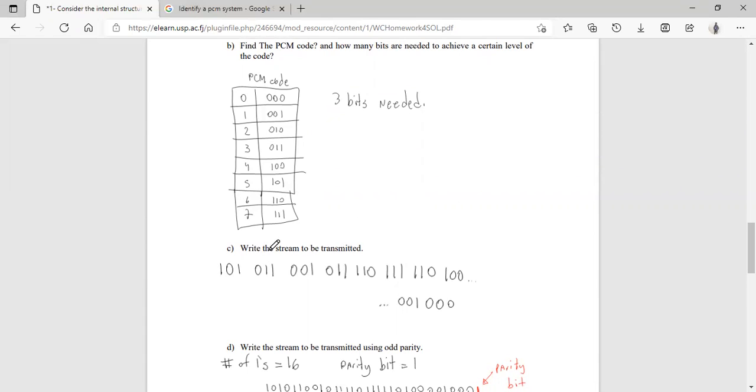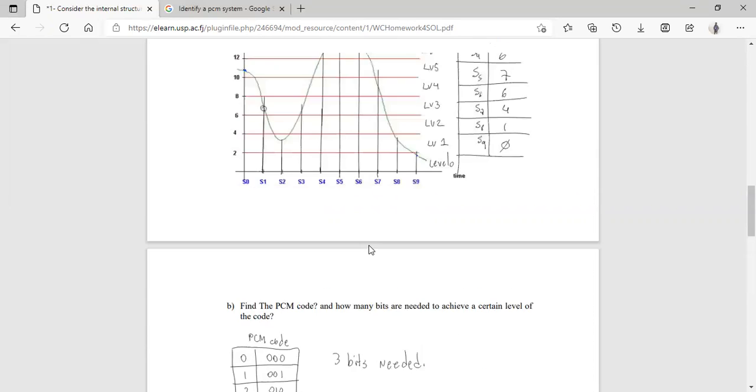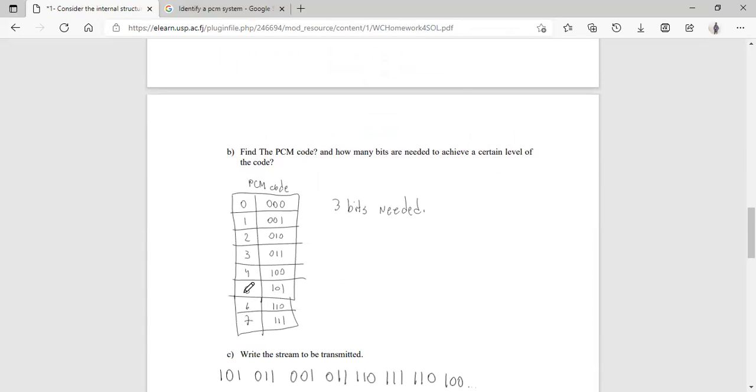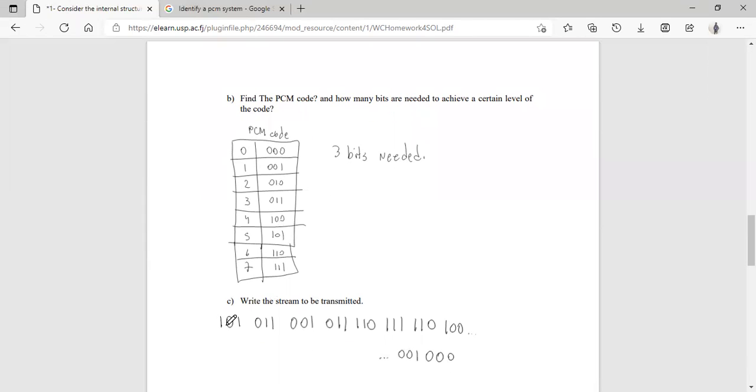The stream of code that needs to be transmitted is basically the values. Let's say the sample 0 value falls in level 5. So the digital value that it will be transmitting is the 5 value, and the 5 value represented in code form will be 101.